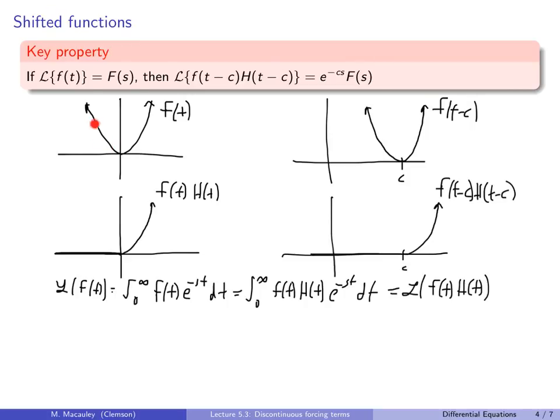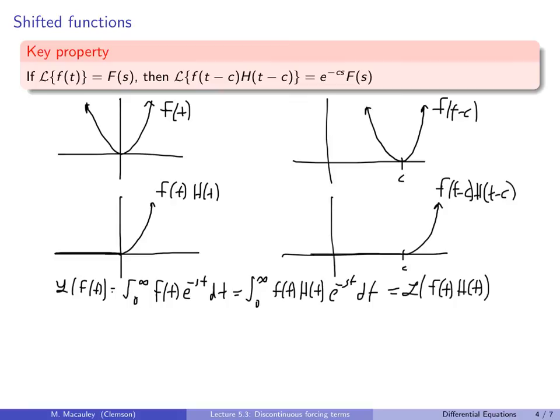This thing left of the y-axis could have been anything. So the natural thing to do is to compare the Laplace transform of this function to the Laplace transform of this function, not of this and not of this.